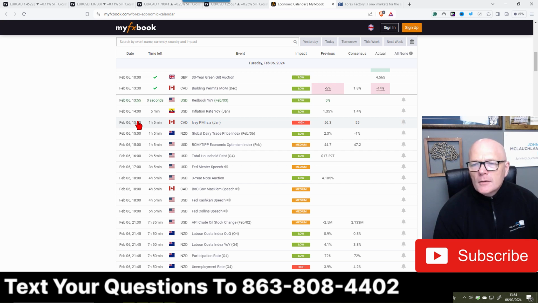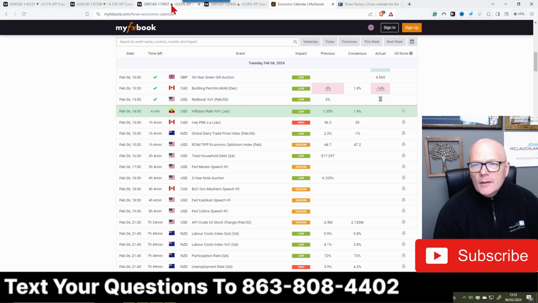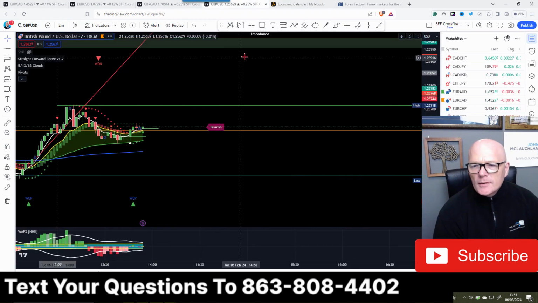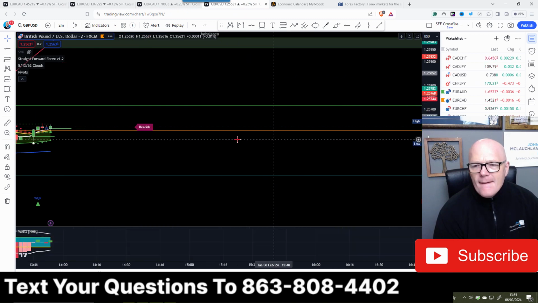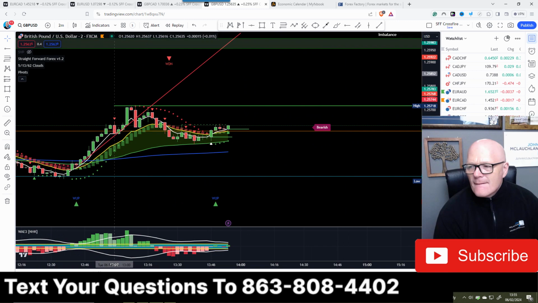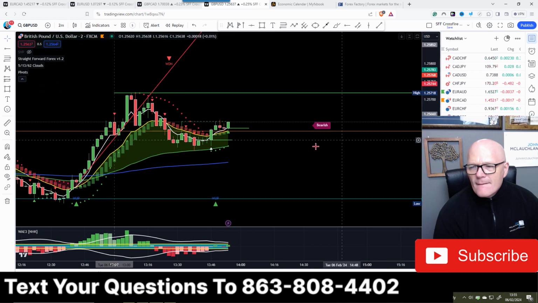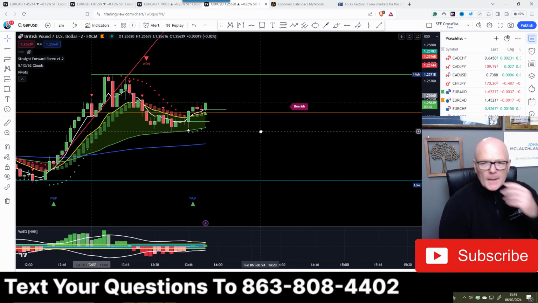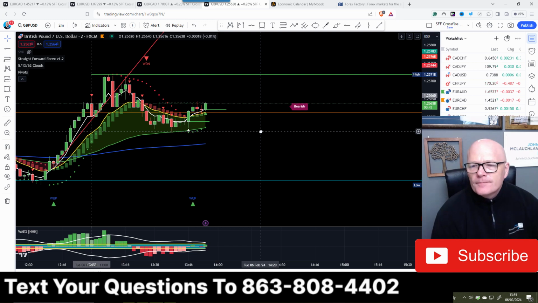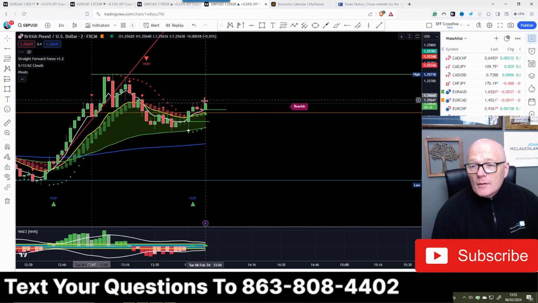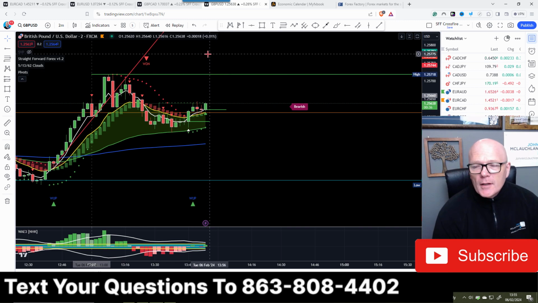I've got low impact now on the, just about coming up, low impact on the US. Let's have a quick look at the US pairs. Is that going to have any impact at all? No. And even if it does, we've still got to wait for price to come above the green trend line. Okay, so nothing.